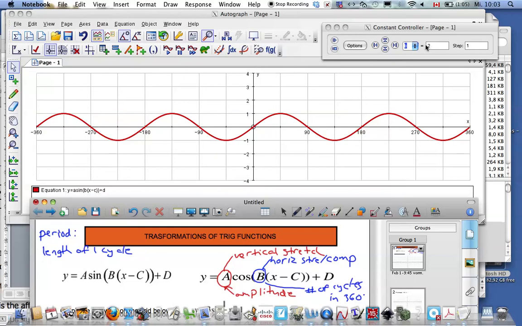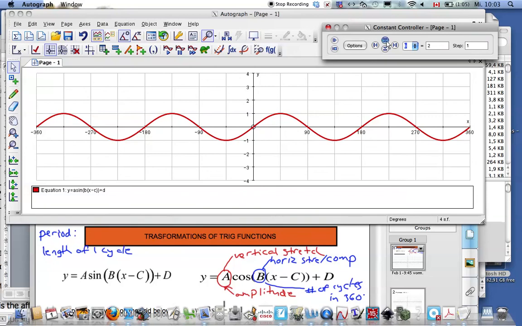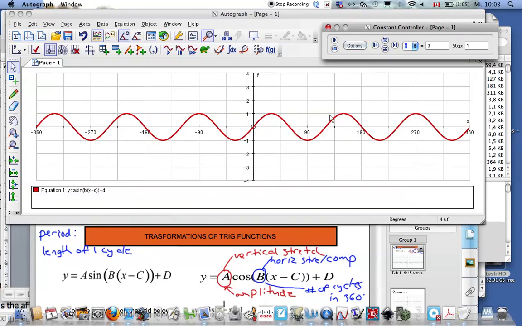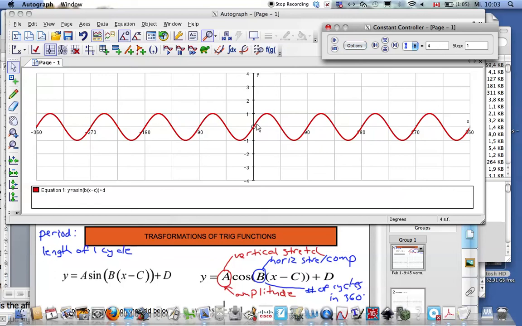And the other thing to notice is that when your b is 2, this is actually a horizontal compression, right? So what you've done is you've taken the wider graph and you squished it. Okay, so the bigger this number, because you're fitting more cycles, the more squished the graph is, okay? And if I keep going like this, now my period when b is 4 is 90, right? Because I'm fitting 4 into it, okay?